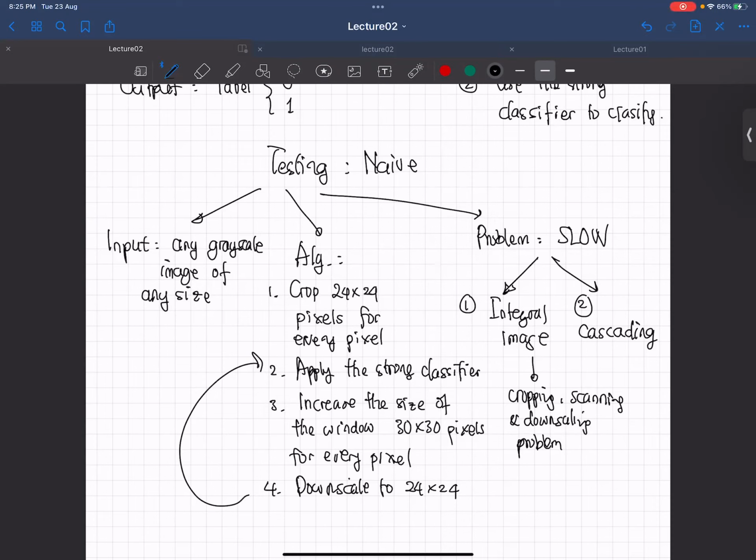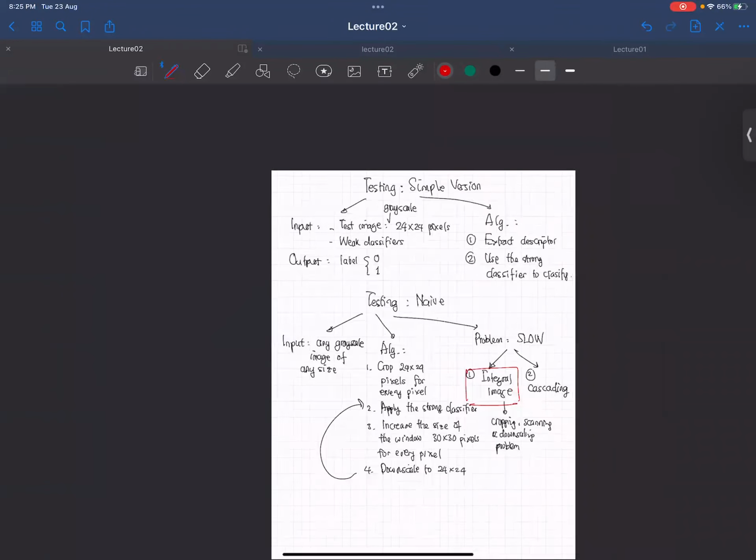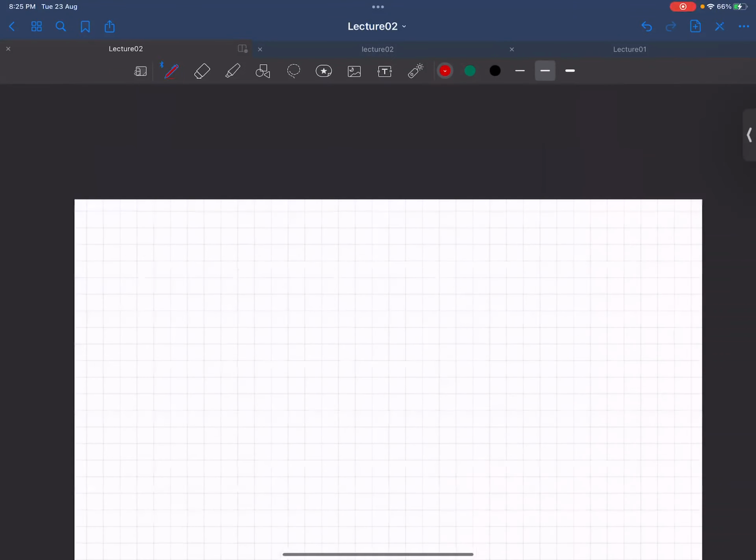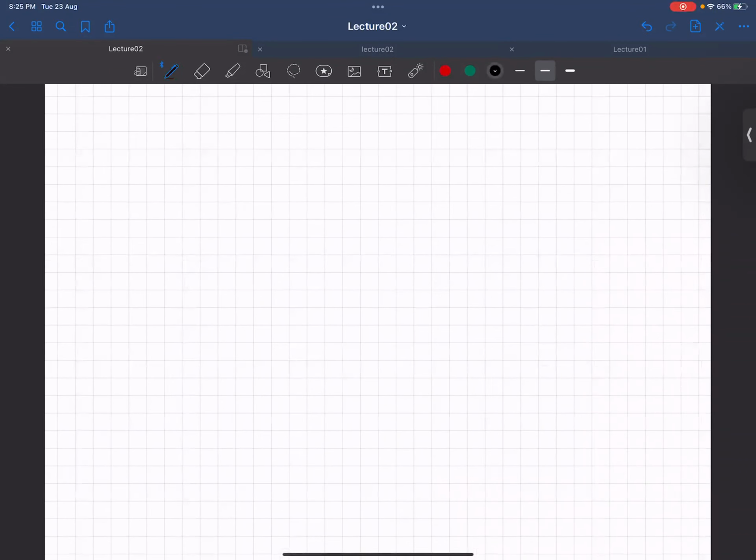Any other questions before we move on to the technical discussion? Okay, if there are no questions, let's start with integral image. The next topic will be integral image.